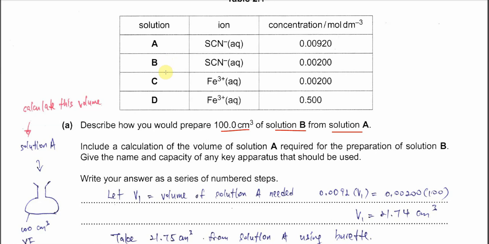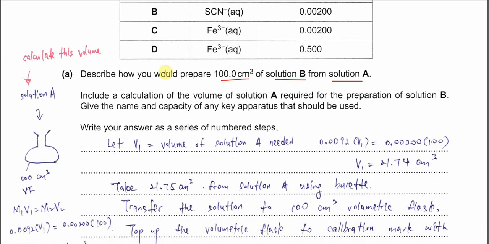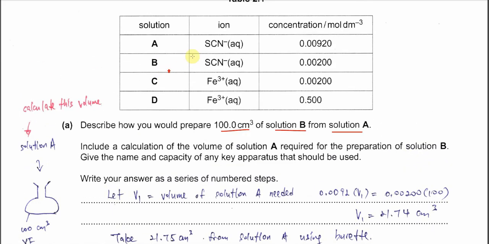Before you start the steps or explanation, you must know the volume of A that will be taken. When we do a dilution, we take a more concentrated solution and dilute it. So how much are we going to take from solution A?